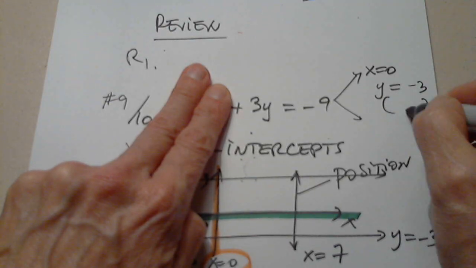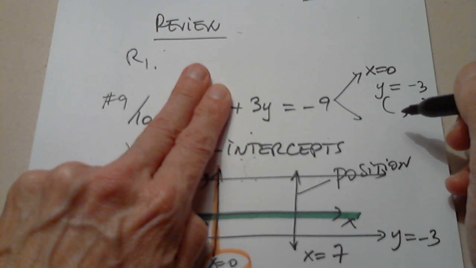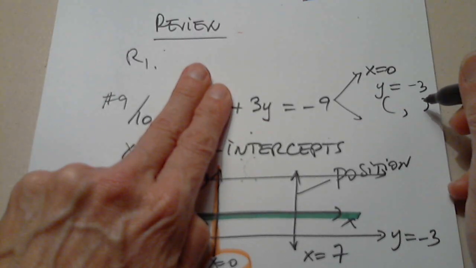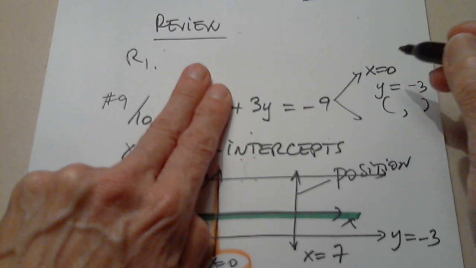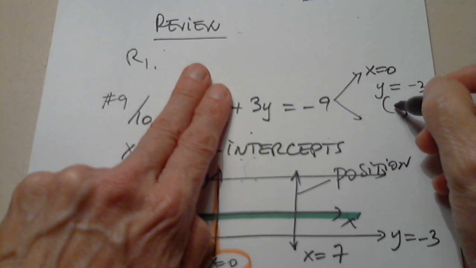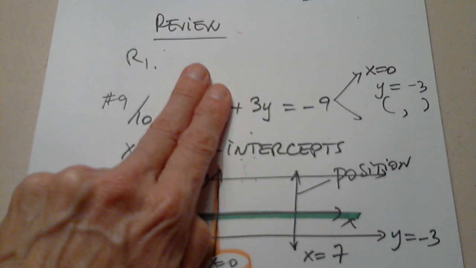Right here, right now, I have to write the ordered pair. I cannot continue because I may mix them up and who knows what I'm coming up with. What is the ordered pair? Remember, x is always first, y is always second. Coordinate. 0, negative 3. That's it.